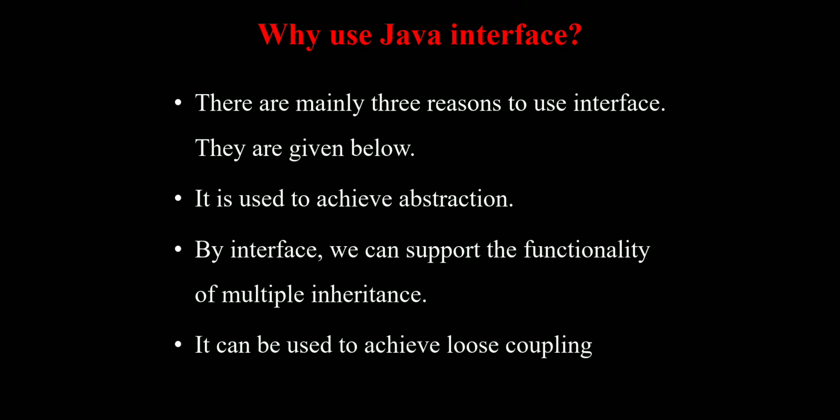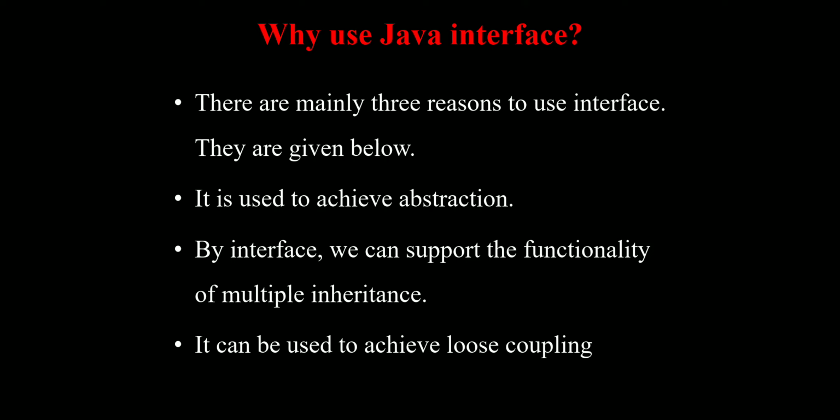Now the next question is, why use the interface? Why do we have to use the interface concept in our programming? It is used to achieve the abstraction concept, and also to achieve the multiple inheritance concept in our programming.